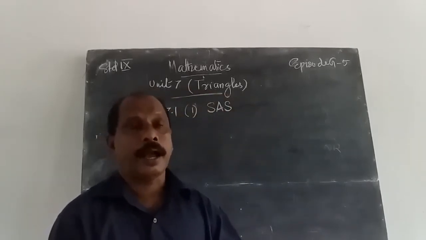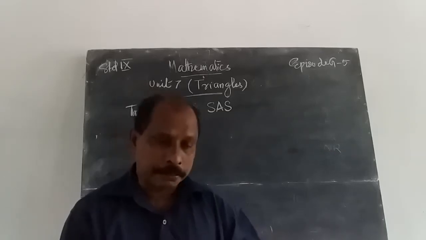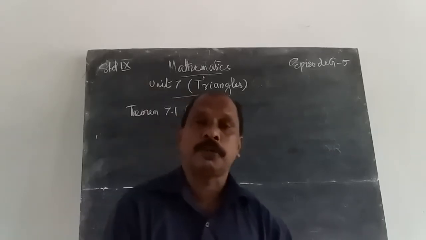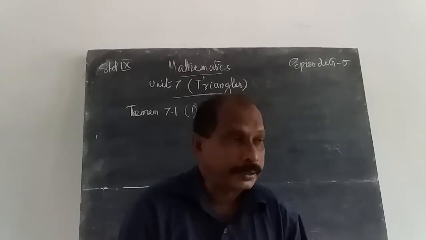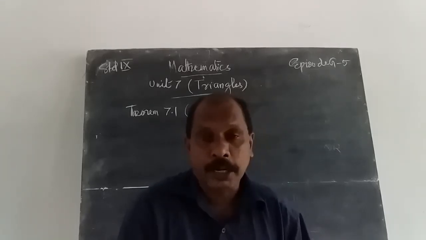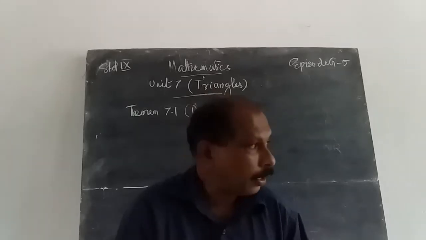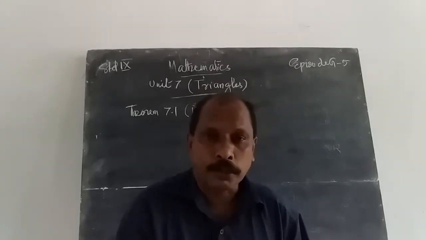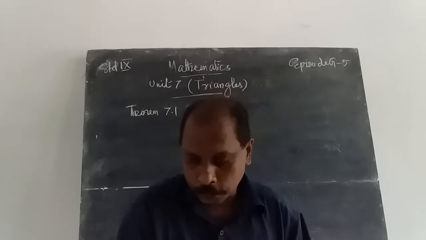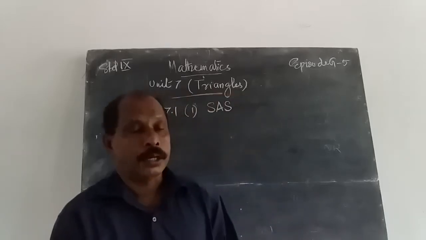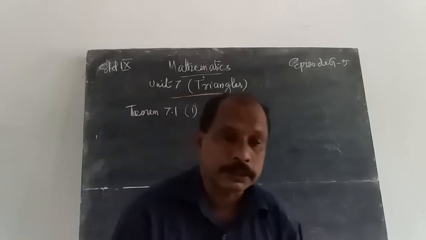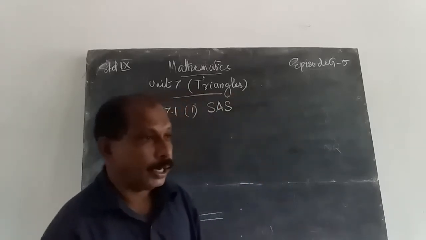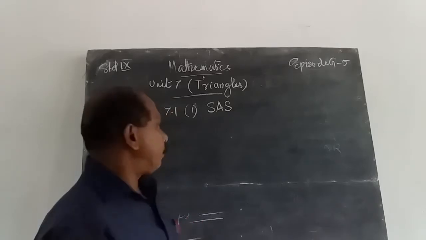What is the basic definition for that one? Two sides and the included angle of a triangle are equal to the corresponding two sides and included angle of another triangle. Then they are congruent. That is known as the SAS criteria of congruency.